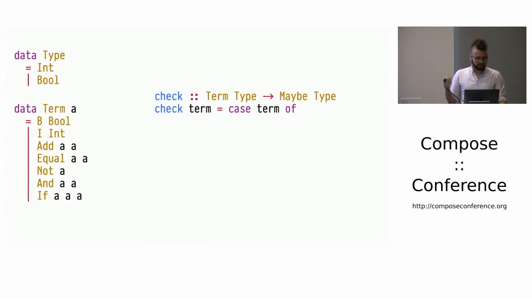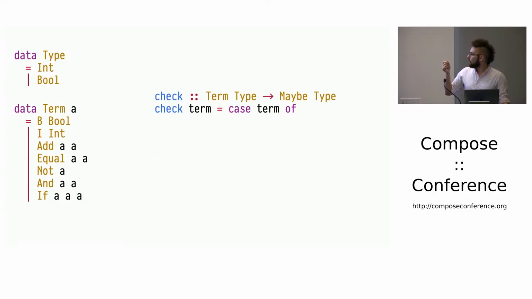So a term of A could be a Boolean literal or an integer, or the addition of two terms, or whether two terms are equal, or the negation of a term, or the and of two terms, or an if statement.